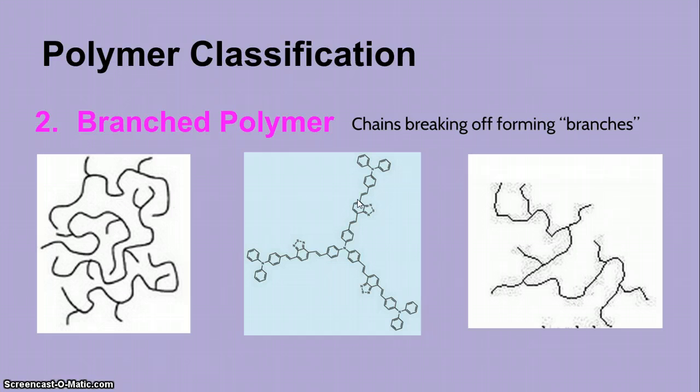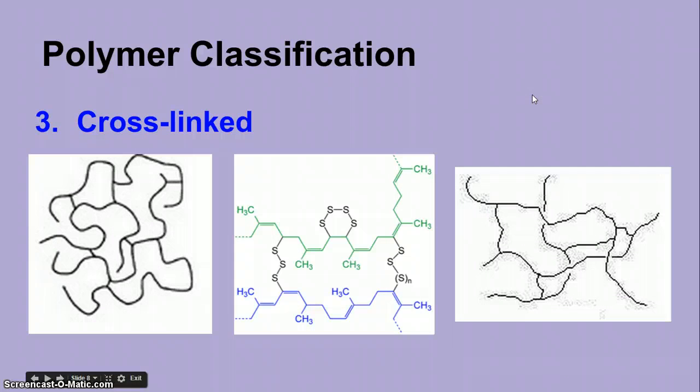These tend to be stronger because there's a little bit more connection between. But the absolute strongest is the cross-linked. In cross-linked, you have short chains connected to long chains. If we follow the chains over here, we've got a long linear chain here, and a long linear chain here, and there are these tiny connections between them.